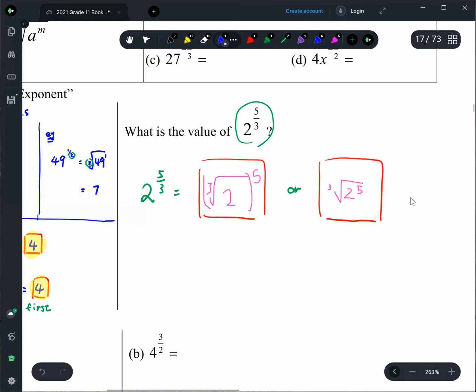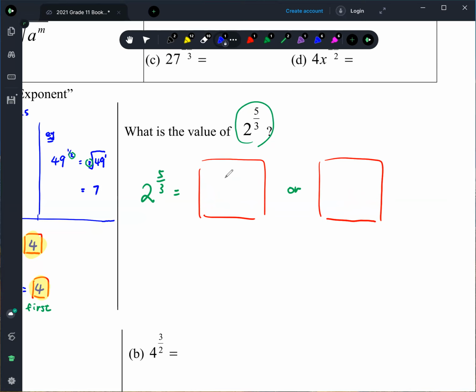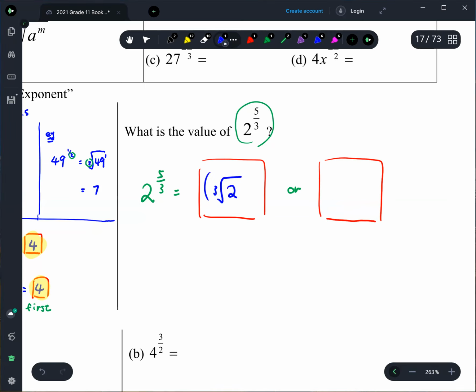So the second way is you put the 5 on the inside. If you do it this way, you don't need a bracket. So let me clear that. I'll rewrite it again. So it'll be cube root 2, and then the whole thing to the 5, or cube root of 2 to the 5 on the inside. 2 different ways.